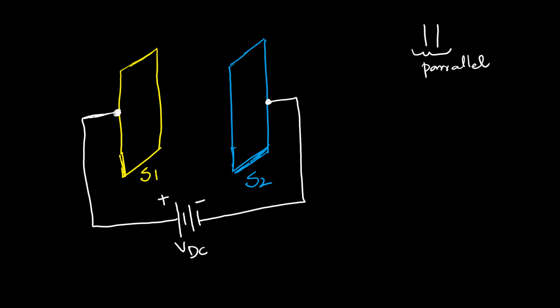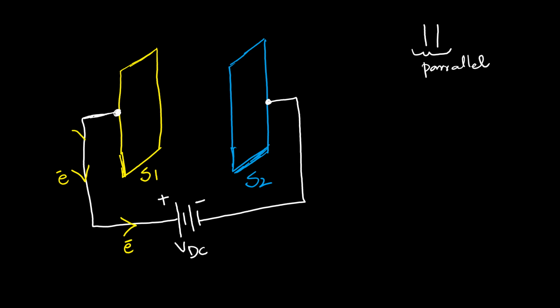Whenever these parallel plates are connected with the positive and negative terminals of the battery, the terminals create a potential difference. Since you know that the positive terminal of the battery pulls electrons toward itself, electrons will start to flow from the S1 conducting plate toward the positive terminal of the battery, like this.